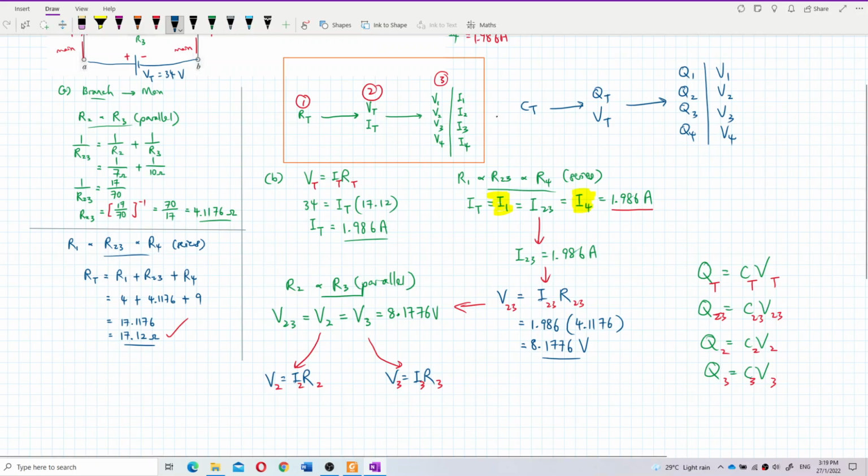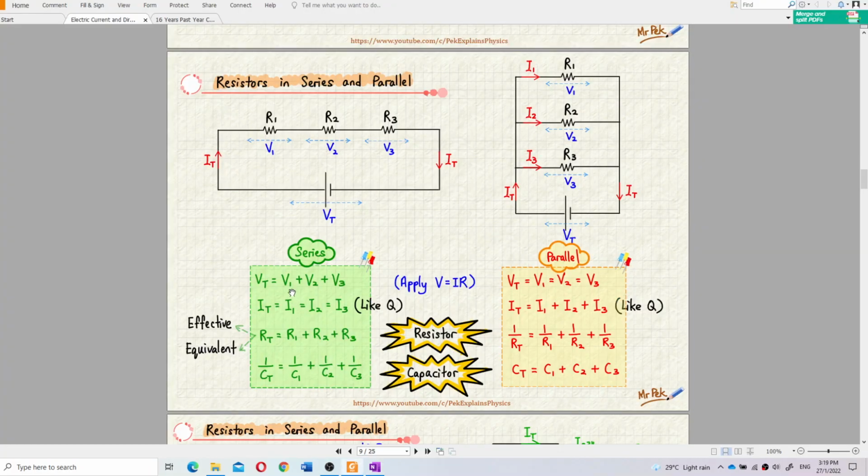Always find the total capacitance, then we go for total voltage or total charge, then only we find the charge and voltage for each individual capacitor. And also use the same relationship Q with CV. And sometimes we have the relationship of voltage, sometimes equal, sometimes voltage have to plus, sometimes 1 over.